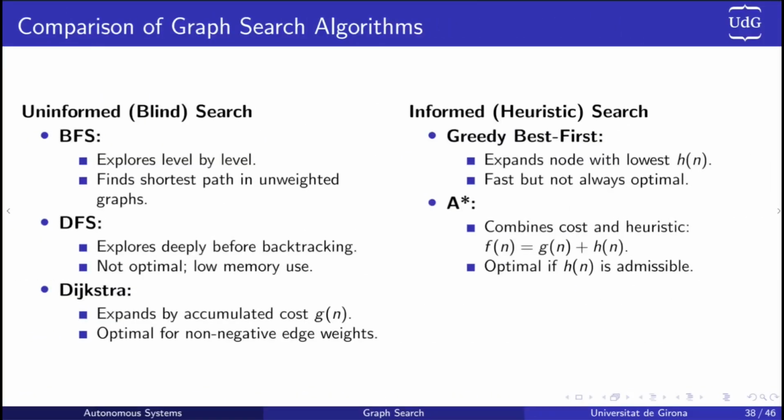A small comparison of all of them. Around the uninformed or blind search, because you don't have anyone to guide you: BFS goes by levels and gives us the shortest path if the graph is unweighted. DFS explores deeply and it's not optimal, even in an unweighted graph. However, it uses less memory.